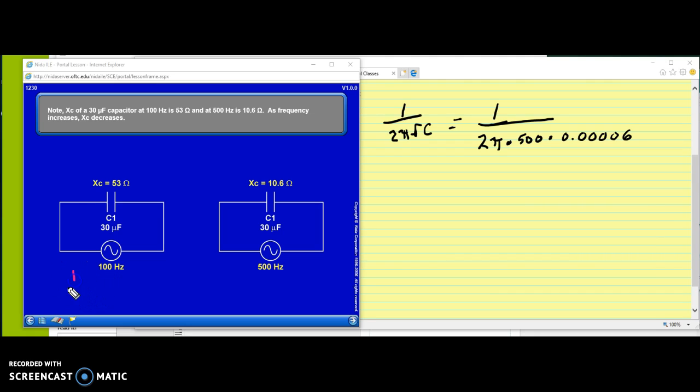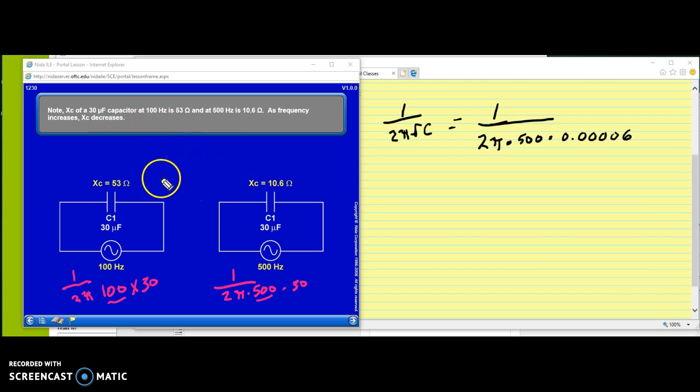So it's 1 over 2 pi 100 times 30. So we did that for here. We did 1 over 2 pi 500 times 30. So everything's the same other than our frequency went up. And here's what happened.